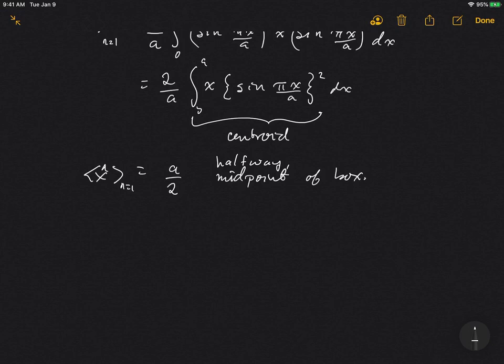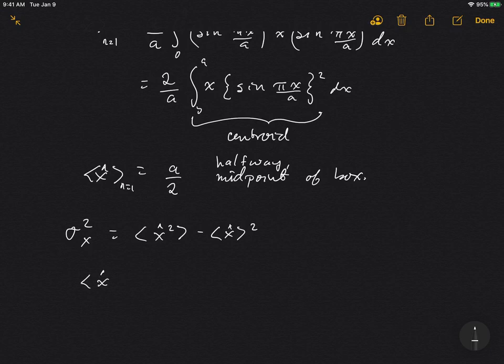So moving along, that means we want to measure sigma squared x, which is going to be the expectation value of x squared minus the square of the expectation value of x. So we already have the expectation value of x. We can square that. That will give us the second term here. Now let's first look at x squared.